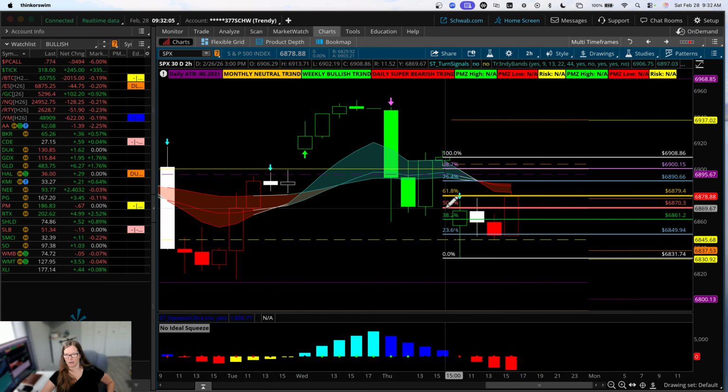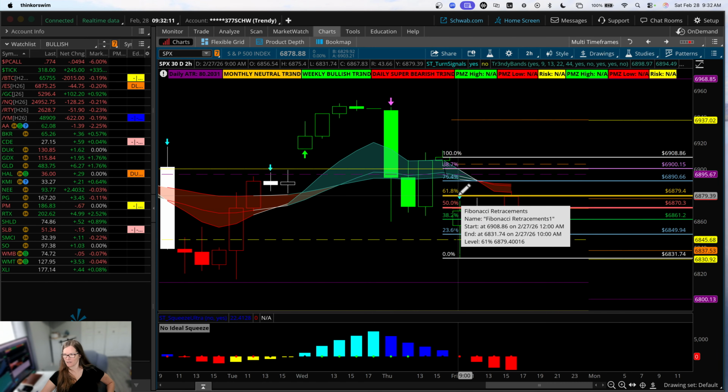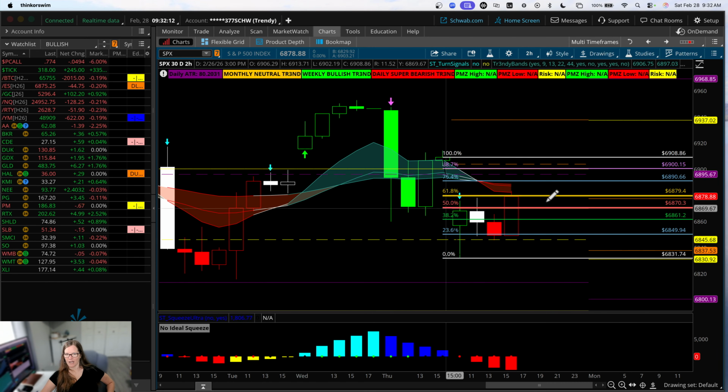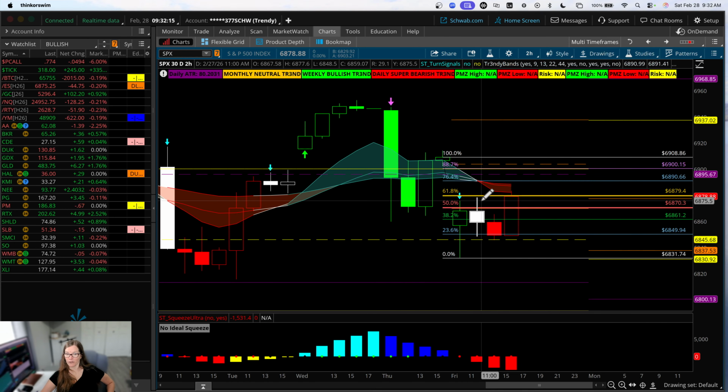And this bearish golden profit area between this 50 and 618 provided me a sell zone all day where I made money to the downside. And then a buy zone was down here near 68.55 and it provided opportunities to trade the upside.